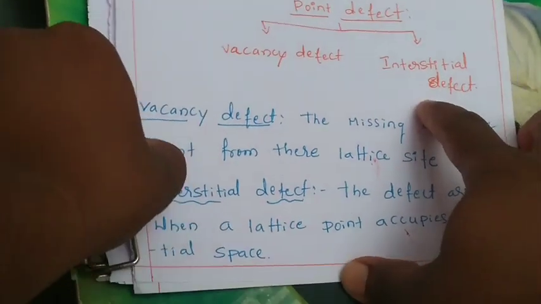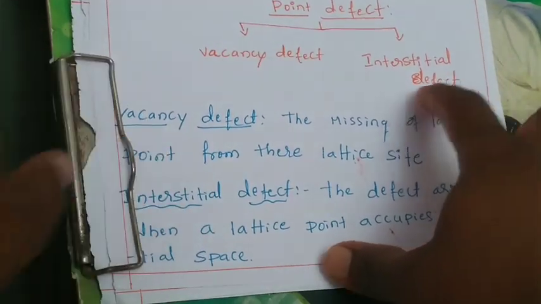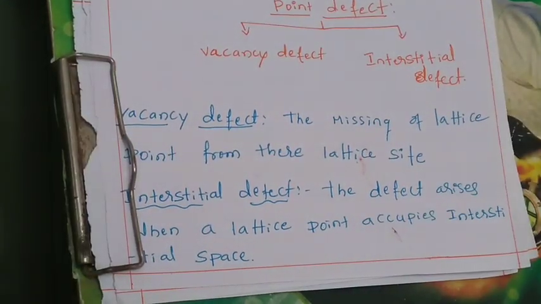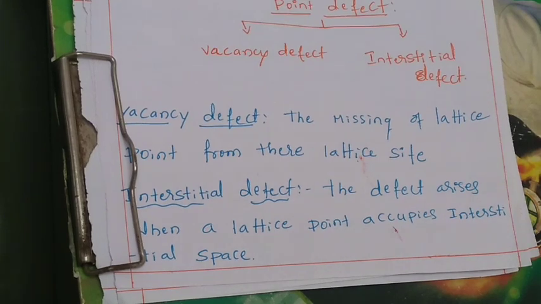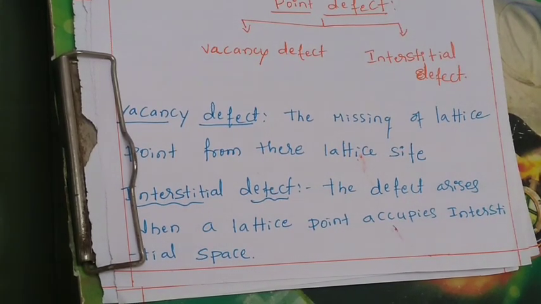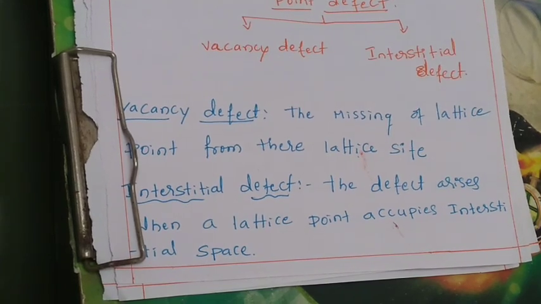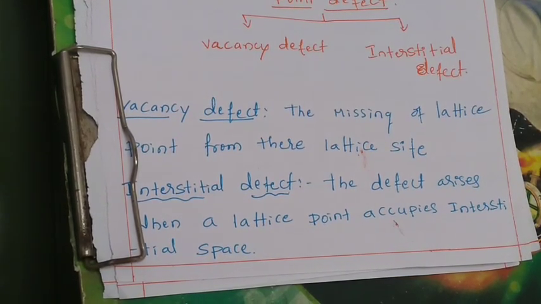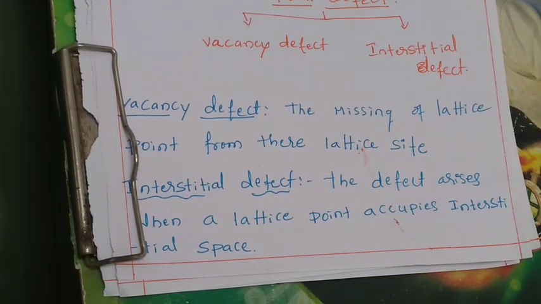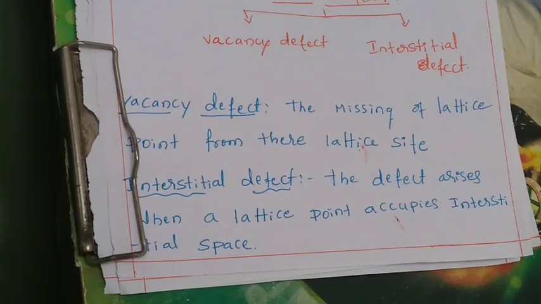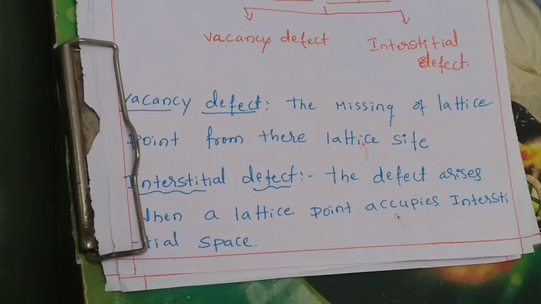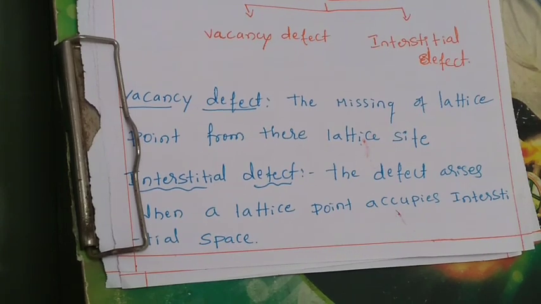This point defect is also called as stoichiometric defect. Firstly, let us understand what is stoichiometric defect. The defect which does not affect the stoichiometry of the crystal lattice is called as stoichiometric defect.